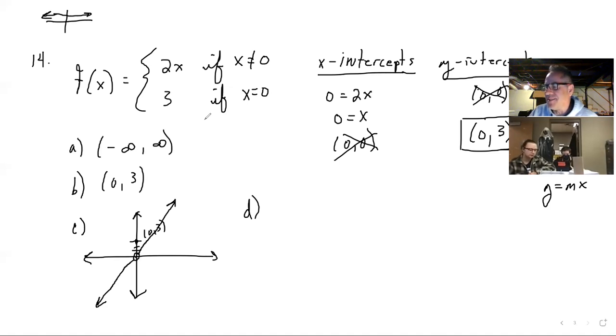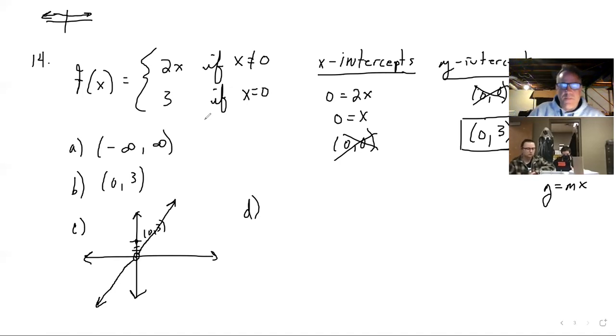It can be described as the union of the intervals and the set. The last one says the range consists exclusively of one or more isolated values. In this case, it looks like we want A.